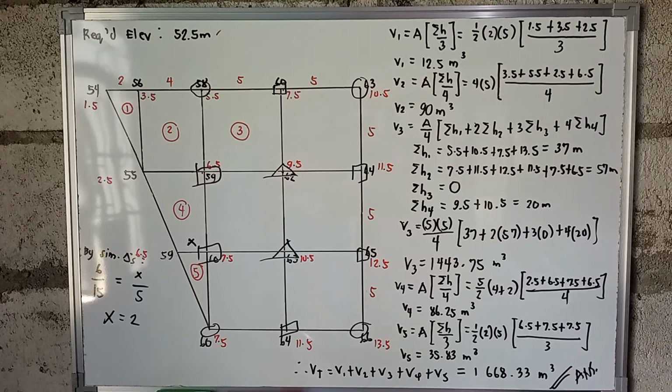So, eto yung maaalis na lupa dun sa lote natin. So, kung magpapa-backhoe ka, ito yung cubic meter na magiging basis mo para malaman mo yung costing ng lote mo dun sa pagpa-backhoe.